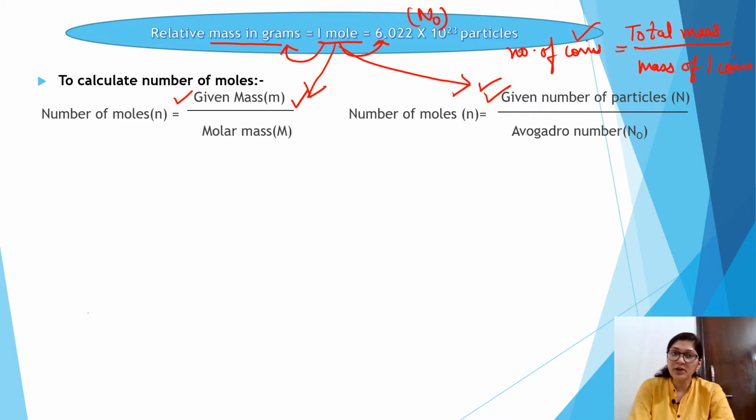The formula is the same as the example I gave for coins: total mass upon molar mass. Molar mass means the mass of one mole of atoms in grams, right? Or given number of particles, which is the total number of particles given, upon Avogadro number, which represents 1 mole. So mole can be calculated in two ways, by using the relative mass in grams as well as by using the number of particles.